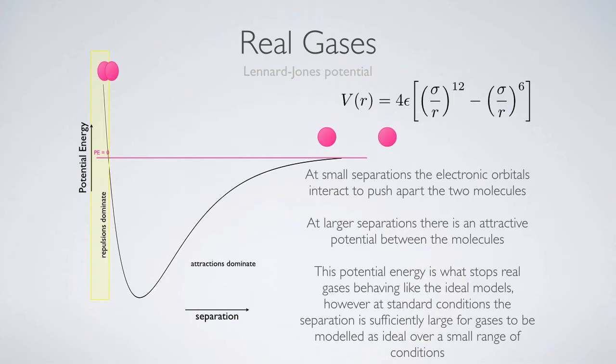When I have these attractive forces, I start to have an intermolecular bond formed. So this is like a gas condensing into a liquid, or at the bottom of this well, this is what I've got in my liquid and in my solid. If I try to push them together further, then my repulsions start to dominate. They don't like to be too close together.